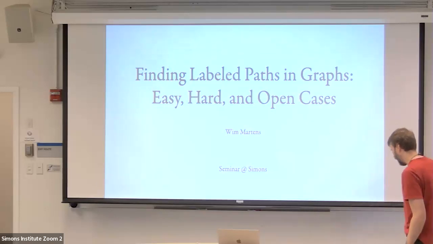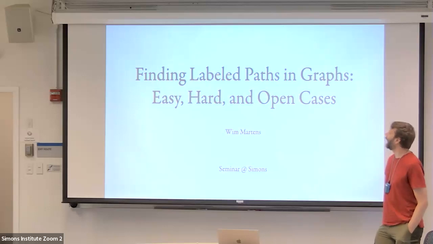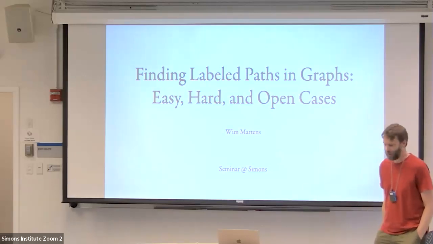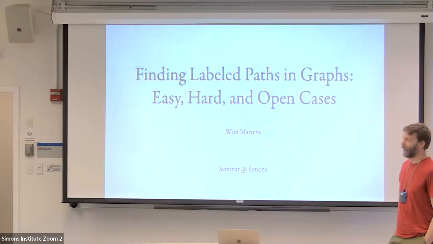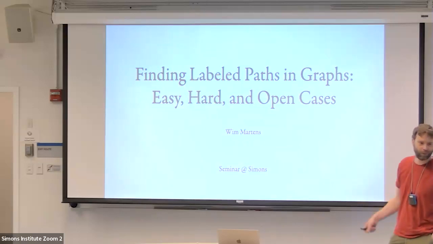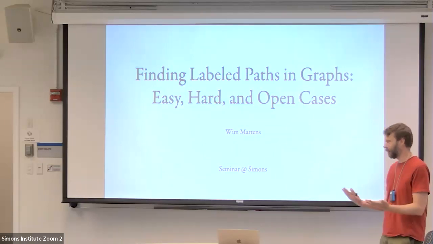Okay, so thank you very much for the introduction. This talk is going to be about one of these problems that I guess is kind of understood if you don't have graphs with label information. We know how to find shortest paths. We know how to find simple paths in many of these problems.